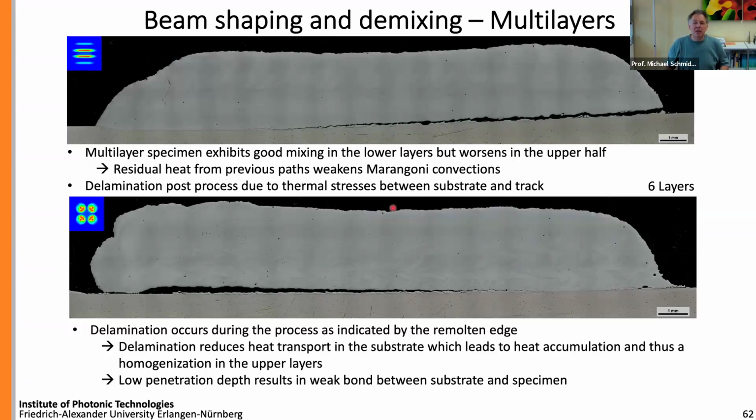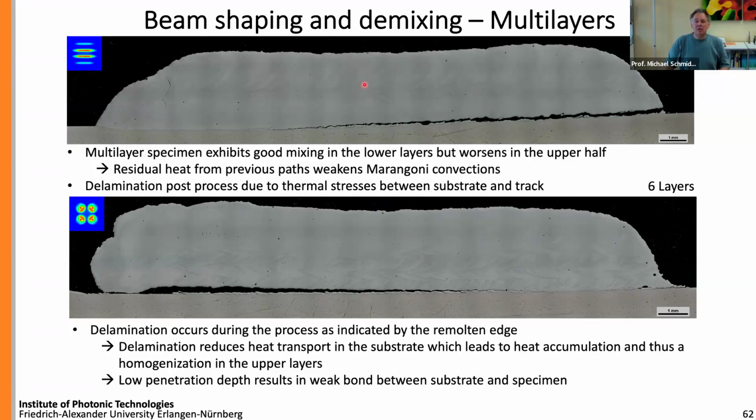This looks funny. Please let me explain, because at first sight you might say, oh, both are not working. Let's start with the upper one. This is the one that does the good mixing, and you can see the good mixing in the lower layers. Very good. We did not do temperature control during our process, which we should have done maybe.